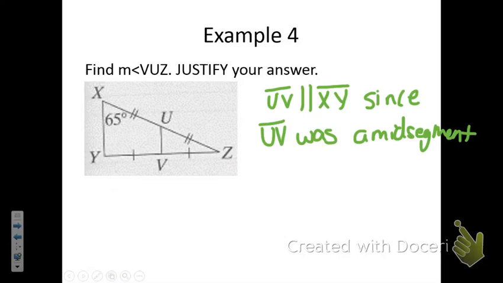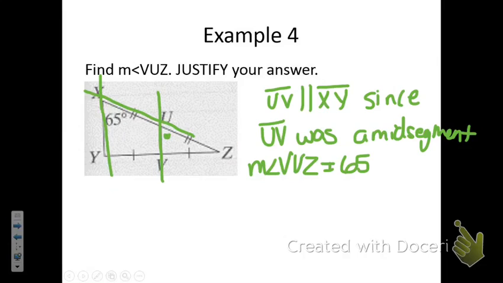So then I could zoom in and look just at those parallel lines. This transversal, it's asking about this angle, VUZ, and those are going to be corresponding. So therefore, measure of angle VUZ is 65 degrees, and that's by corresponding angles.